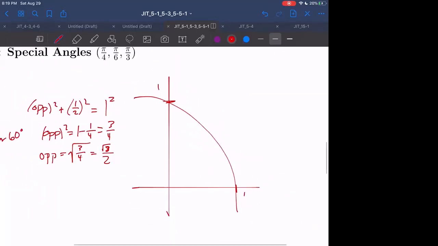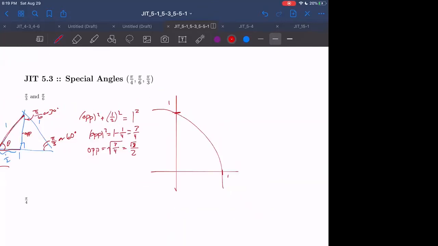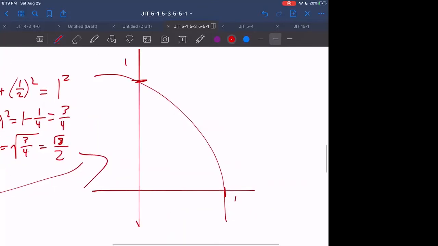So I can take these triangles and put them in for my circle. And so if I've got the 60-degree angle triangle, the ground, so that's 60 degrees.